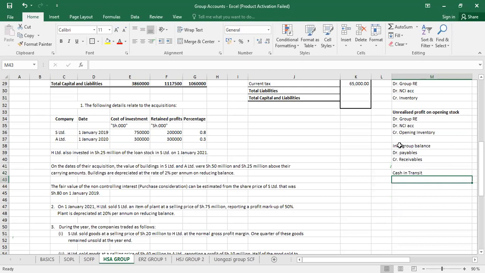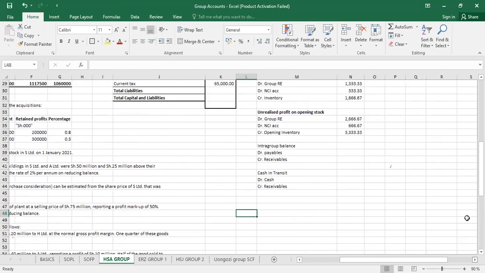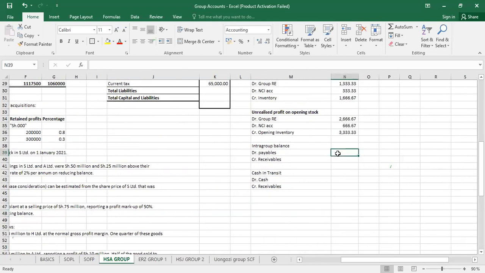Cash in transit will debit our cash, then we credit our receivables. Isn't it that way? So this one was 25, isn't it?